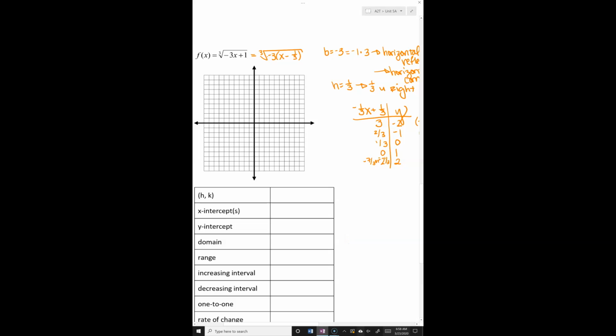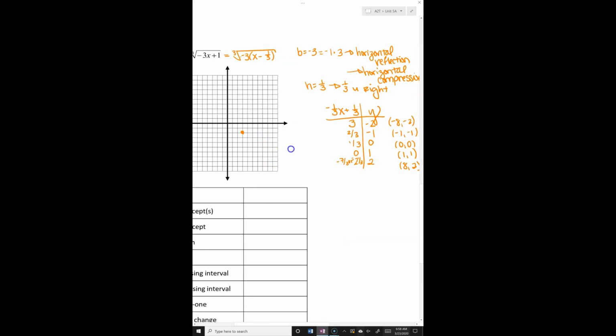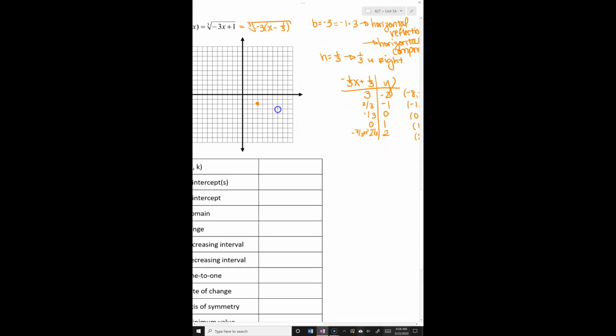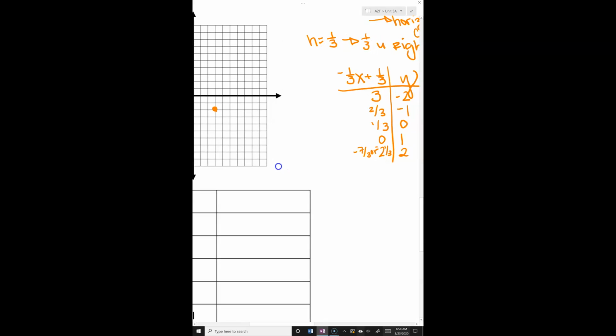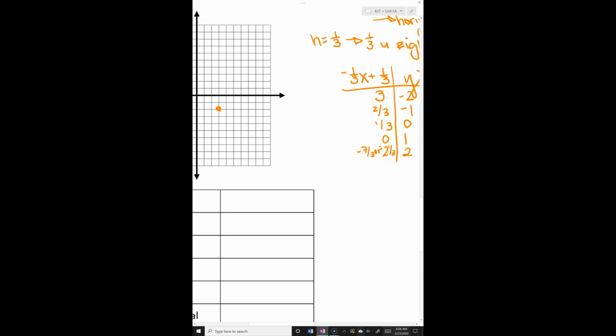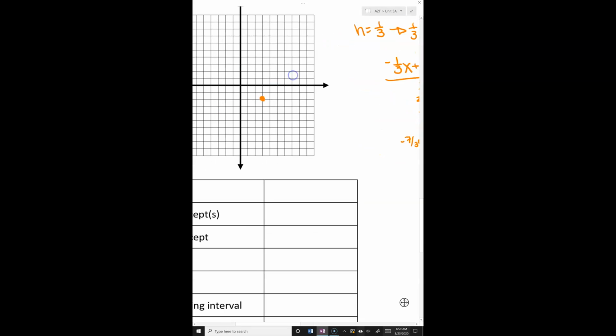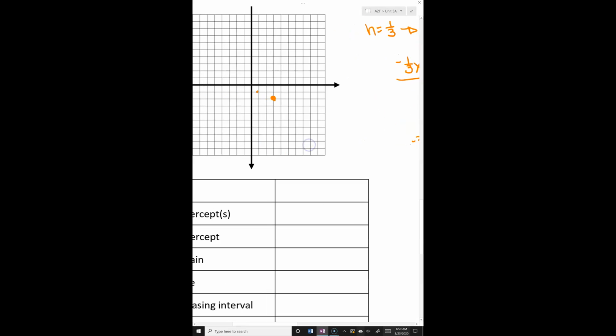So let's graph it. So 3, negative 2, and then 2/3, negative 1. Obviously, when we're approximating, it's going to be a little bit difficult, but just do your best, you guys. So 2/3, negative 1. Okay, 2/3. Come on. There we go. 1/3, 0, and then 0, 1.